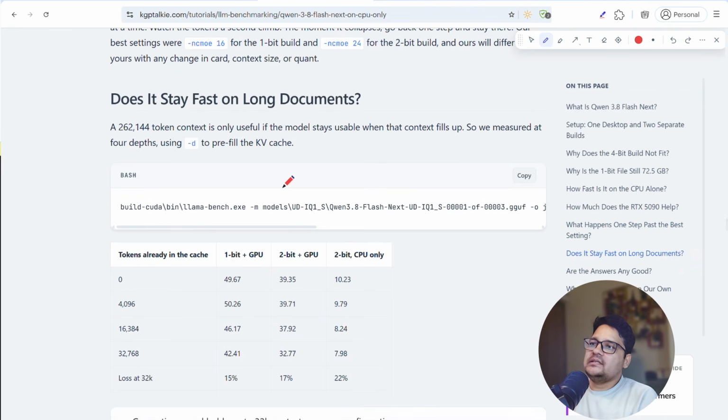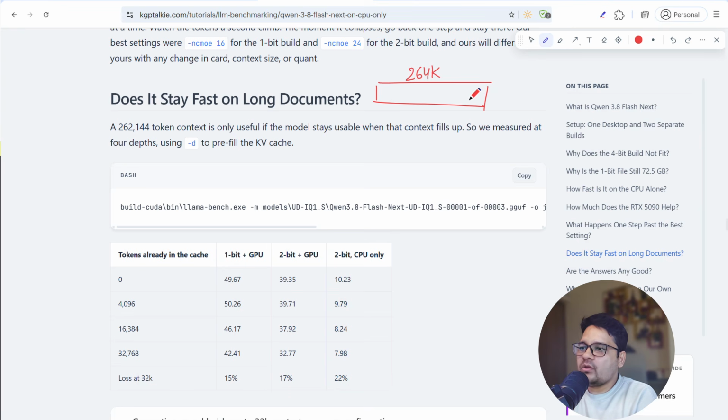Now the question is how fast it is going to generate when you fill some context. Let's say you start chatting with the model. After some time, some context is already filled. By default, this model comes with how much context? If you remember, it comes with 264K tokens as the total context window.